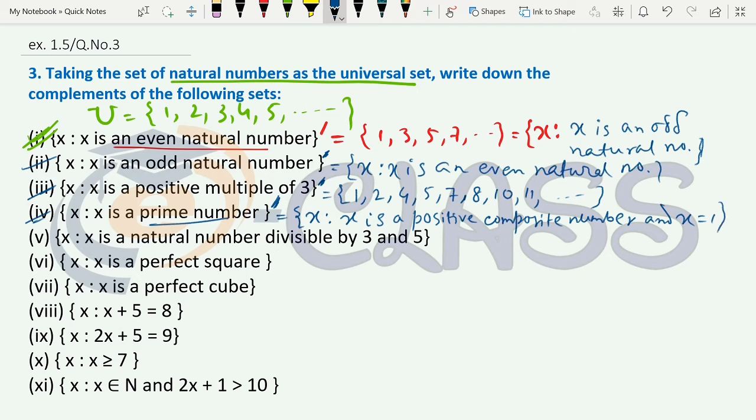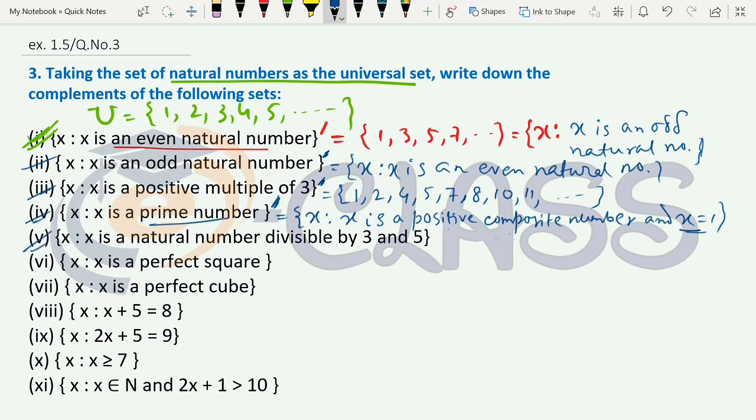Okay, so the complement set of prime numbers also contains x equals 1, because 1 is not a prime number, and it also contains the positive composite numbers, because there are two types of numbers, prime numbers and composite numbers. So if you omit prime numbers, then the only set that remains is the set of positive composite numbers and x equals 1.